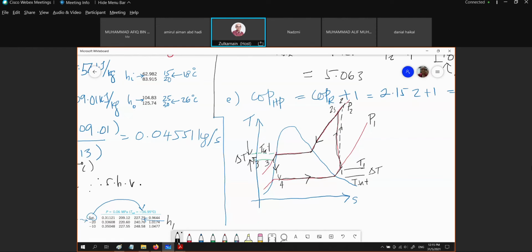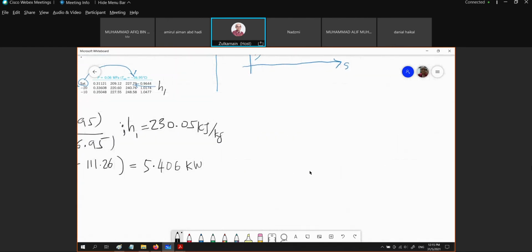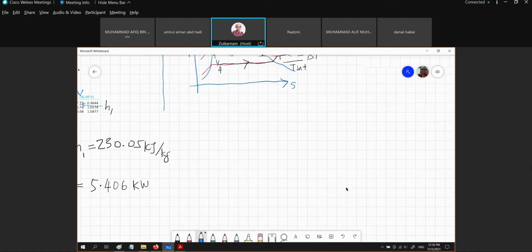Now, in thermodynamics, for refrigeration, we are going to learn another property diagram. Okay, we are going to learn another property diagram. And the property diagram is called the pressure against enthalpy.